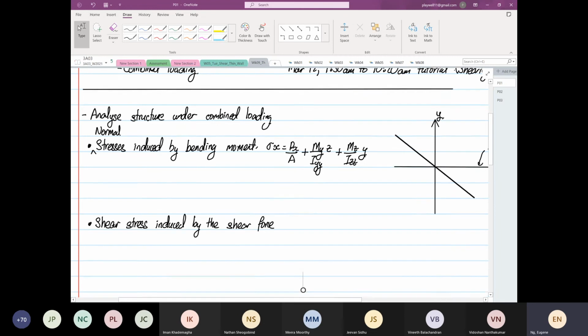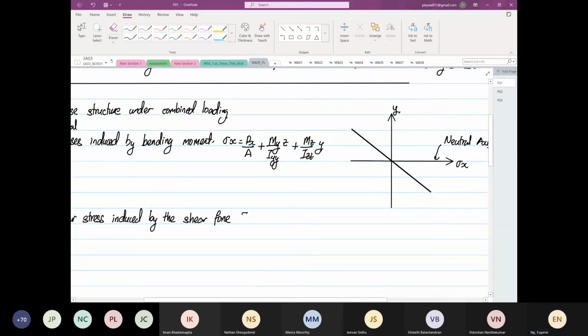So what we have is shear stress equal to, for this case, Vy over Iz, Qz divided by t, plus, okay, we're going to combine two directions because we are dealing with multiple directions now: shear force in the Y and shear force in the Z. So you have Vz over Iyy, Qy, and then we're going to divide by t.